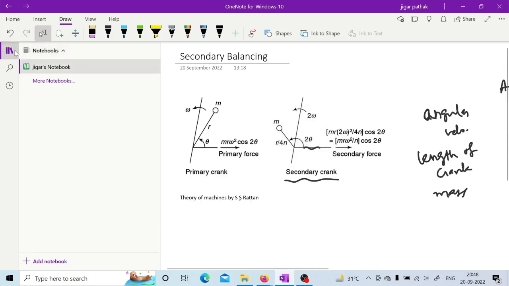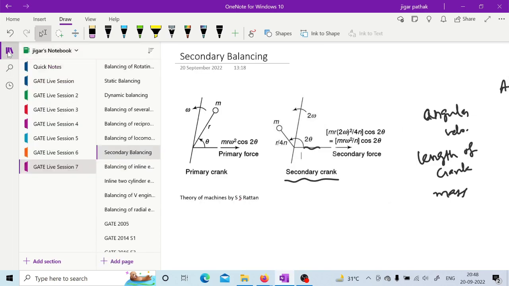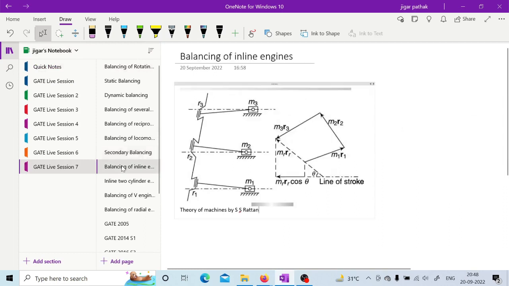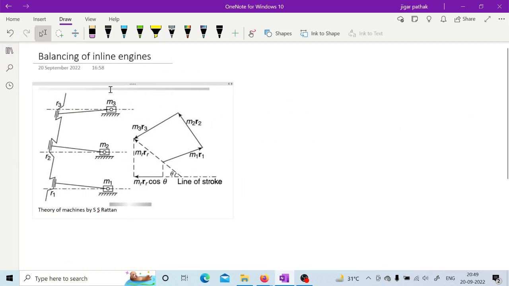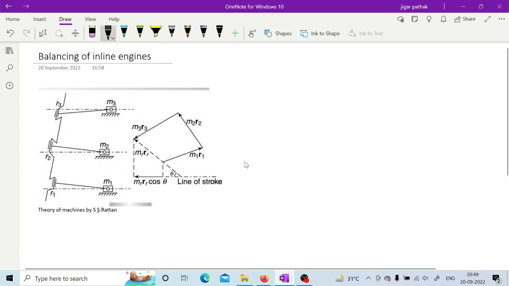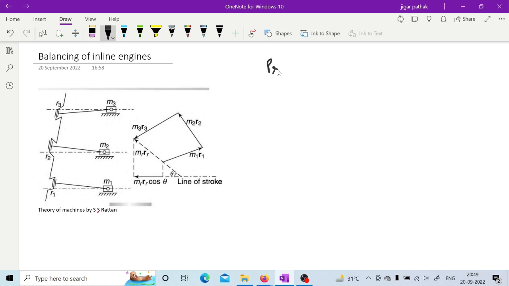Now next is balancing of inline engines. When you go for inline engines, as we have seen, you need to balance all the required things like primary force and primary couple, similarly secondary force and secondary couple.